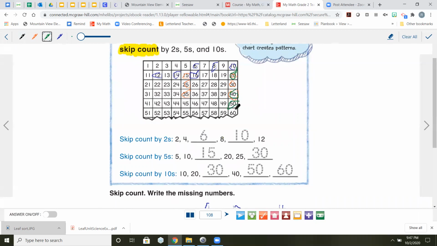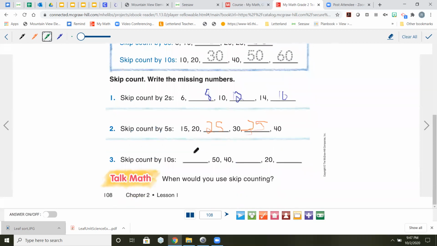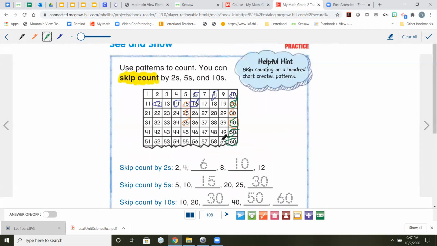Which means you go down here and it's 60. So we go 60, 50, 40. If we put 60 here, let's see if that's what we get. 60, 50, 40. Now let's go back up here. 60, 50, 40, 30, and then 20.